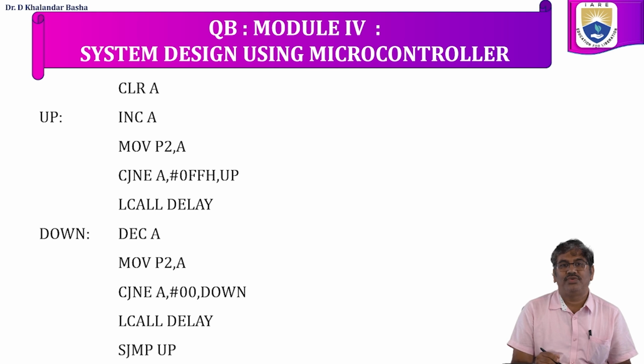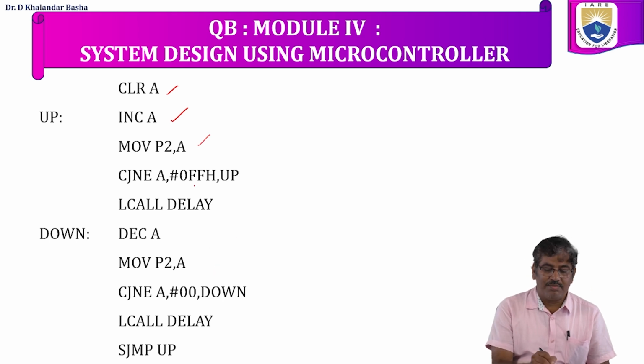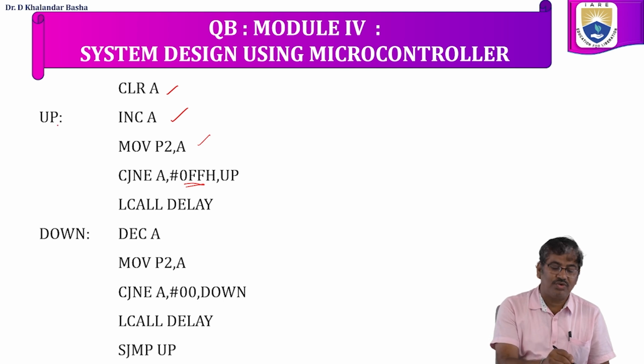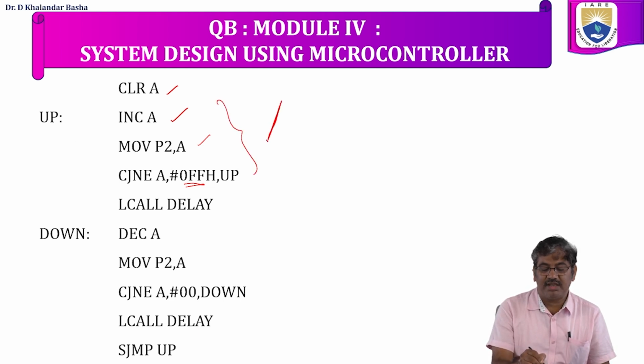Now we will see the program for it. Clear accumulator, increment accumulator for sending 1. Accumulator contents will be posted on port 2. We will compare whether the maximum value is reached or not. If it is not reached, again go to this. So here, this code will generate a triangular waveform starting from 00 to FF.